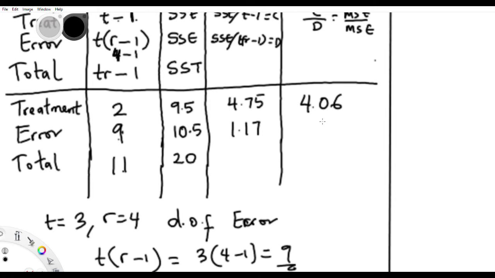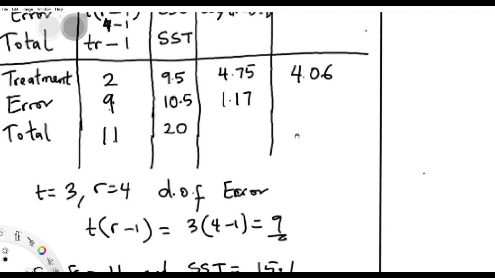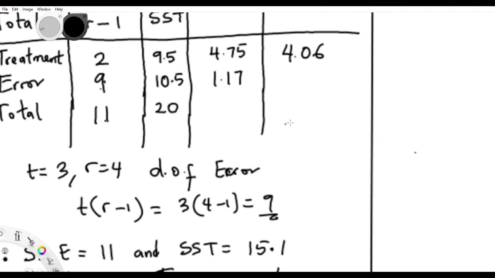Now finally, in order to know whether to accept or to reject, because you won't be allowed to go in with the F table. Remember we said we need to know the F calculated, and the F calculated is what we already have here. F calculated is 4.06, but we also need to know the F tabulated, the one on the ANOVA table.